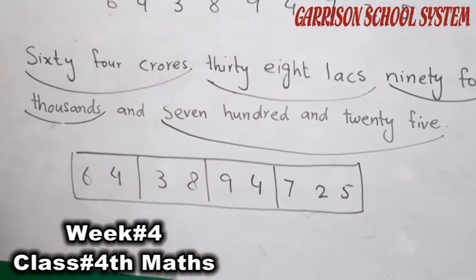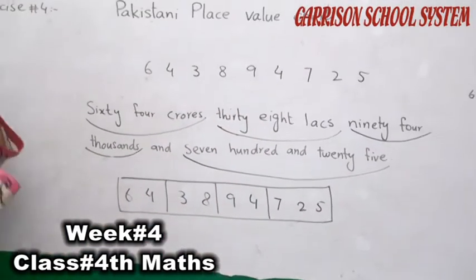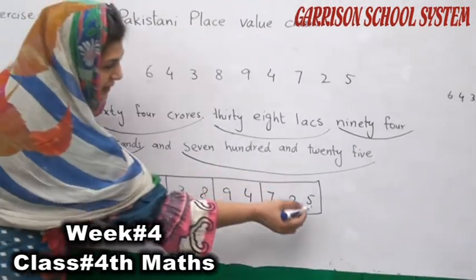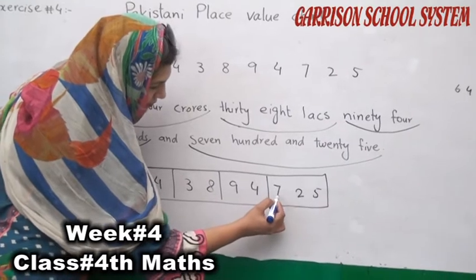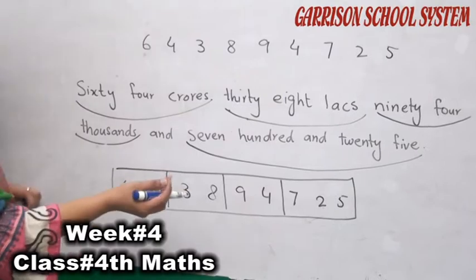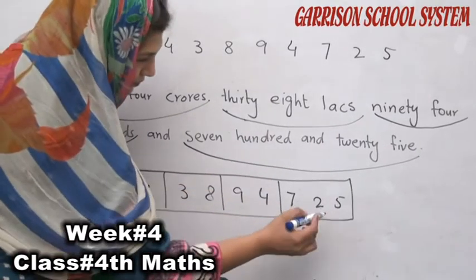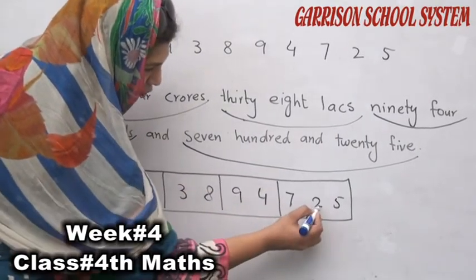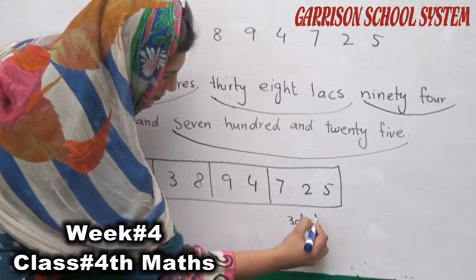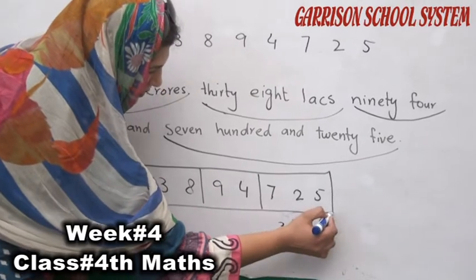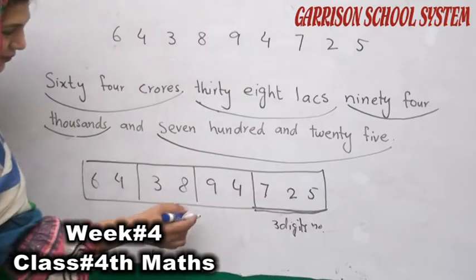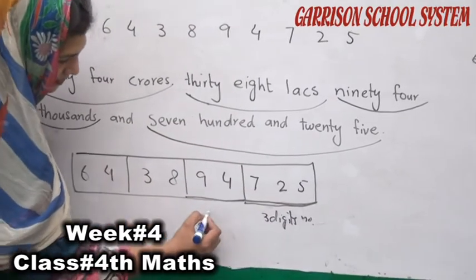We have grouped them. If I start from the right side, here is the number 725. Students, this is the ones group. 725 is a 3-digit number. If I start from the right side, this is the first, and this is a 2-digit number.